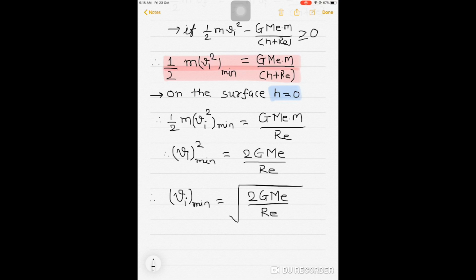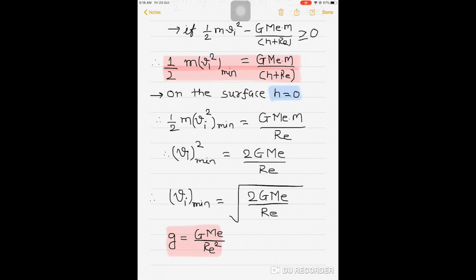So this is the equation, and we know that g is equal to G Me over Re square for the surface of earth. We can replace this and manage over here.